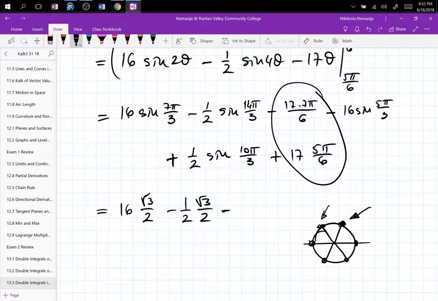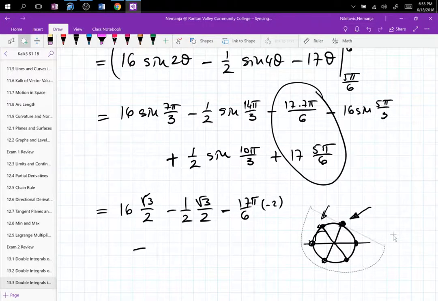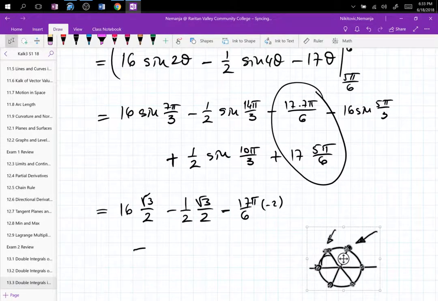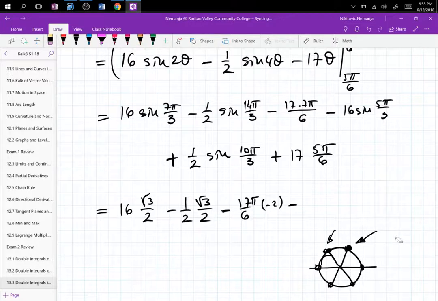When you are dealing with these numbers, you factor out 17 pi over 6, and what's left is 5 minus 7, that's negative 2. That's what happens. I'm going to lightly circle these.